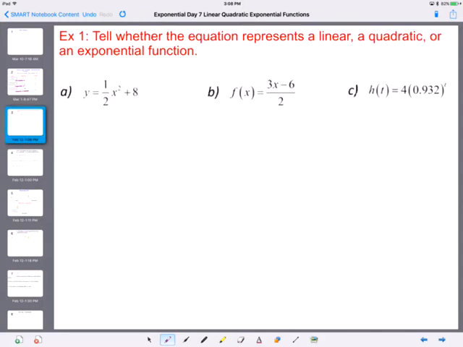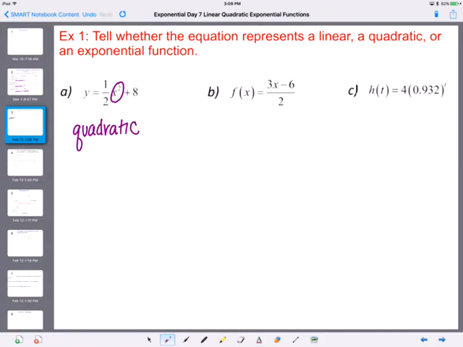Example 1 says, tell whether each equation represents a linear, a quadratic, or an exponential function. When we look at equation A, you should notice that this equation has an x squared term. If we have an x squared term, it must be a quadratic equation.